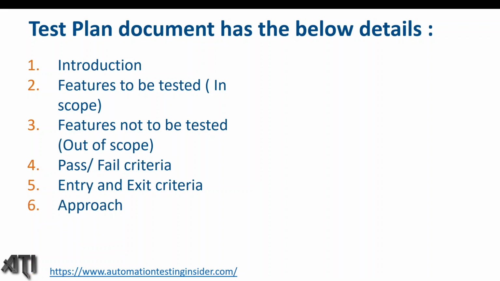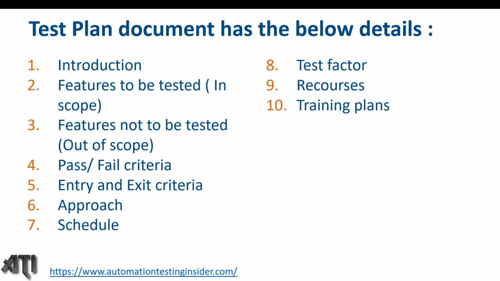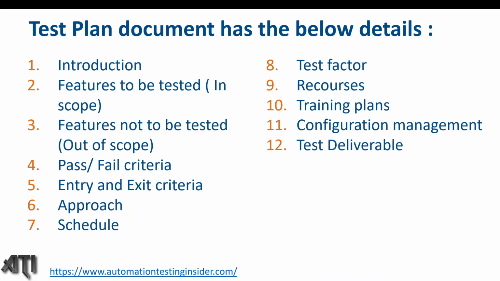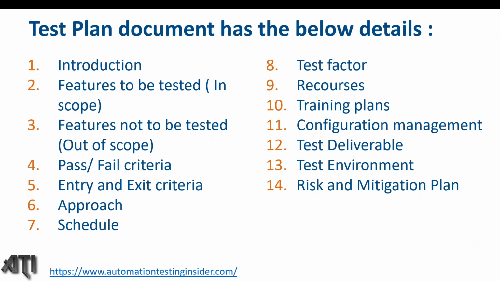What is the approach of testing, what is the schedule of testing, what are the test factors. Resources, what are the resources working on that particular application or project. Training plans, configuration management, test deliverables, test environment, risk and mitigation plan, and the last one is approval of the test plan. So these are the different things as part of the test plan, guys.